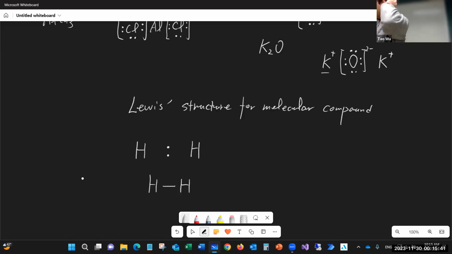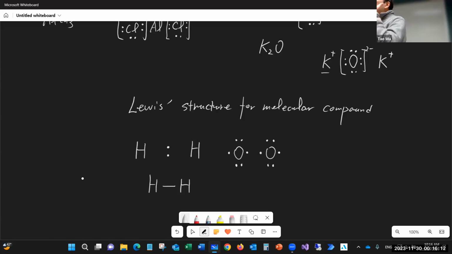And we also have double bonds, which means they are sharing two pairs of electrons. One example is oxygen. For a single oxygen, they only have 6 valence electrons, which means each oxygen has two shorts. So if both oxygen atoms would like to be stable, they need to gain 2 electrons.